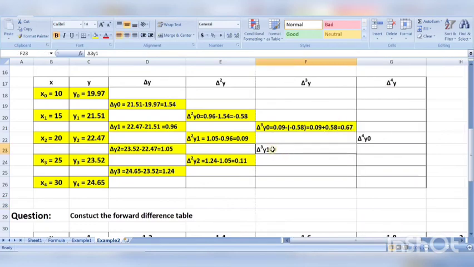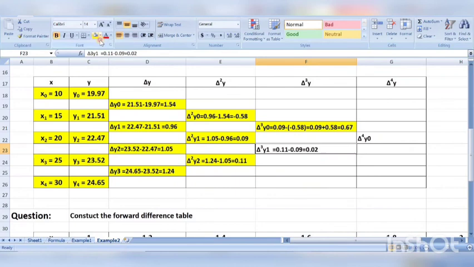Okay. Now for this delta cube y1, we will have delta square y2 minus delta square y1. This is equal to 0.11 minus 0.09, which is equal to 0.02.